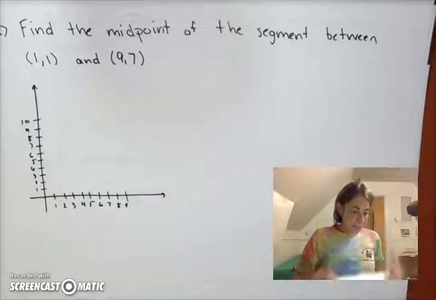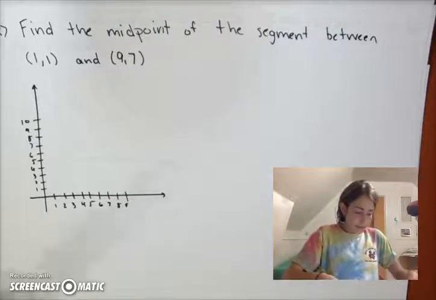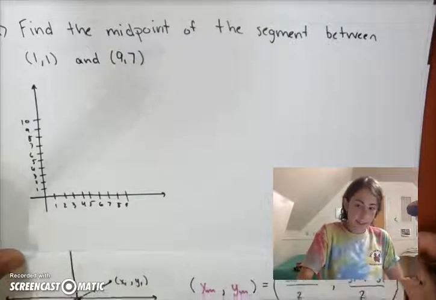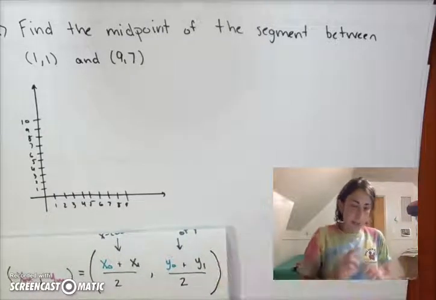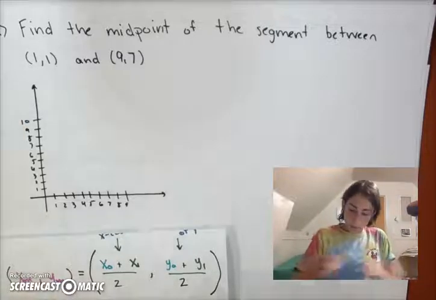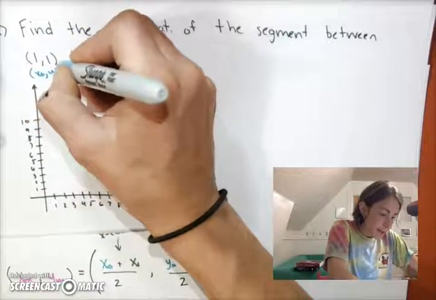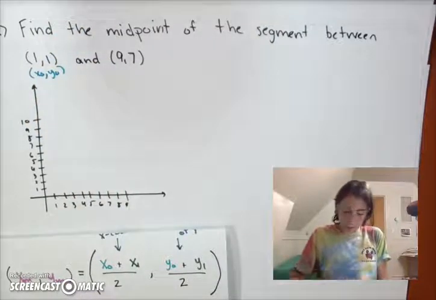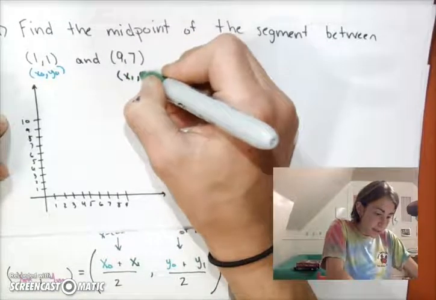So I want to find the midpoint of the line segment between 1, 1 and 9, 7. I'm going to leave my formula down below so we can refer to it. I can think of 1, 1 as my x0, comma y0, and I can think of 9, 7 as my x1, comma y1.